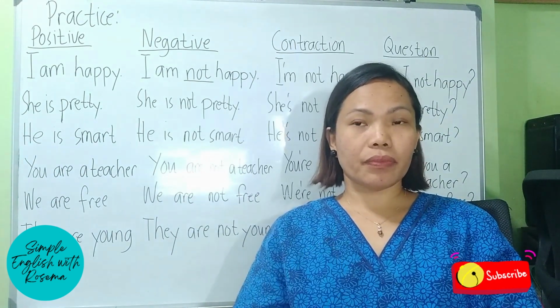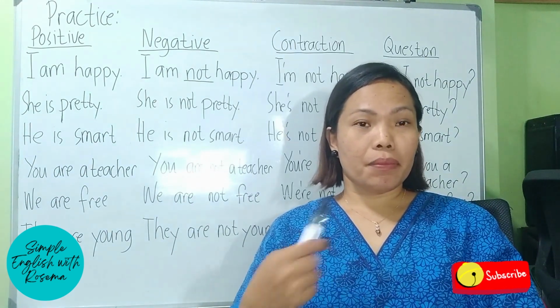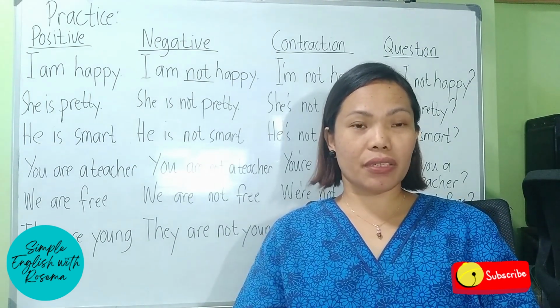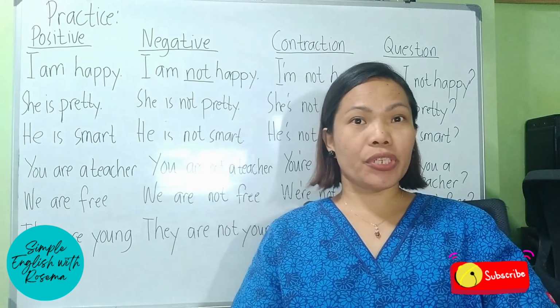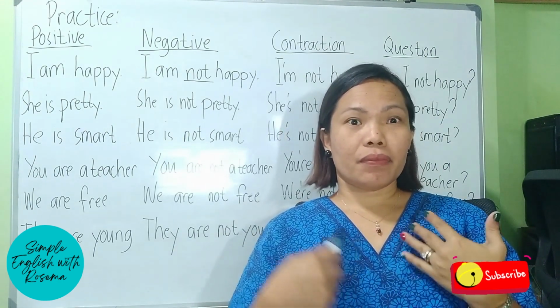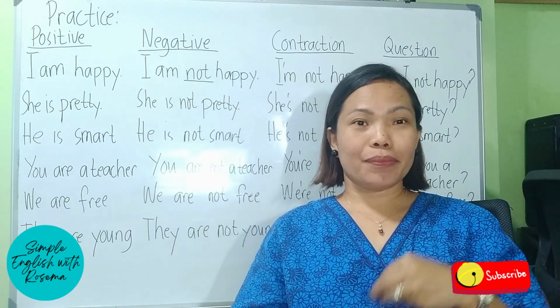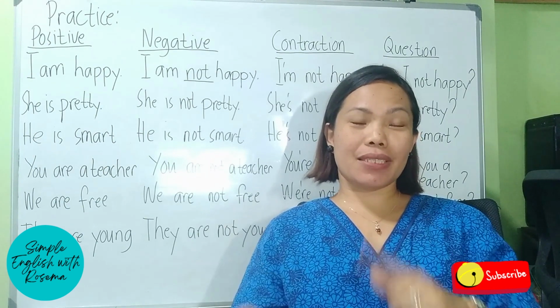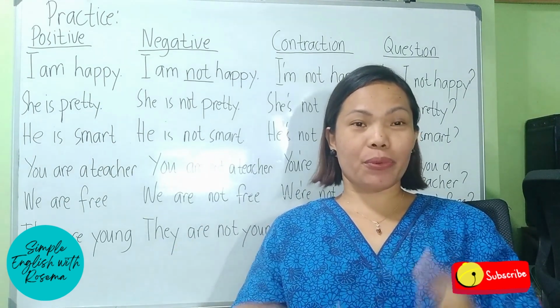Also, sometimes our present tense be verb is followed by an adjective, or words that describe, like I am pretty. So pretty is the adjective, the word that describes.